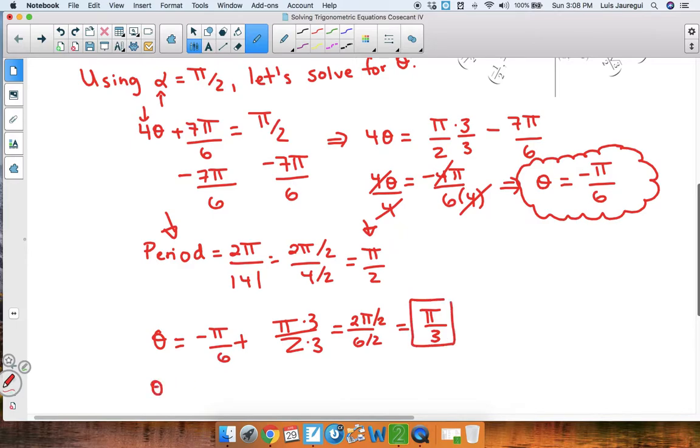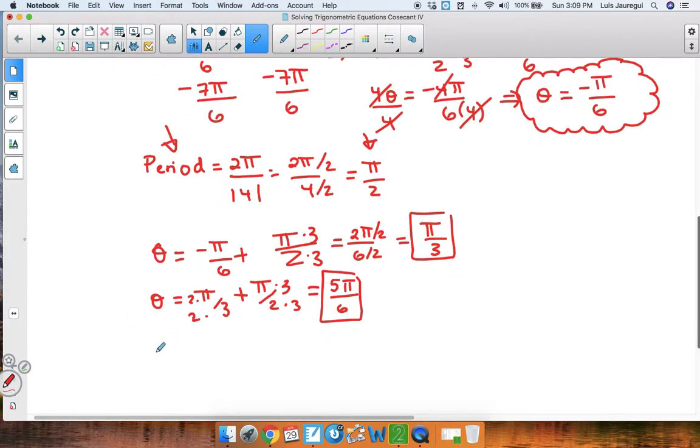In order to get the next value for theta, we take pi over 3 and add the period of pi over 2. Let's multiply the first expression by 2 over 2 to get the common denominator of 6, and this one by 3 over 3 to get the common denominator of 6. So you have 2 pi plus 3 pi becomes 5 pi all over 6. So that's the next value for theta.